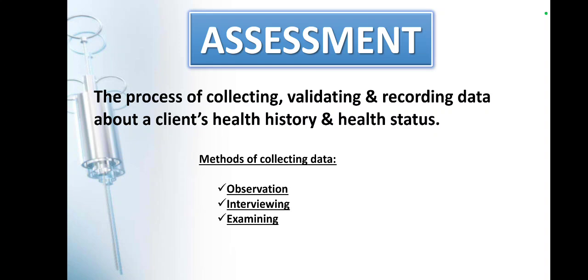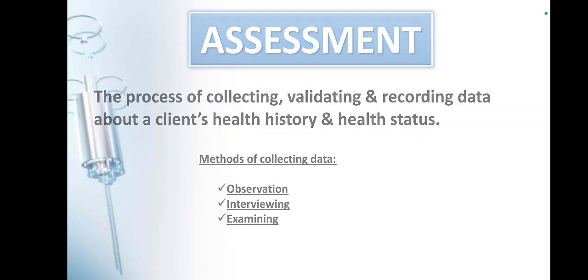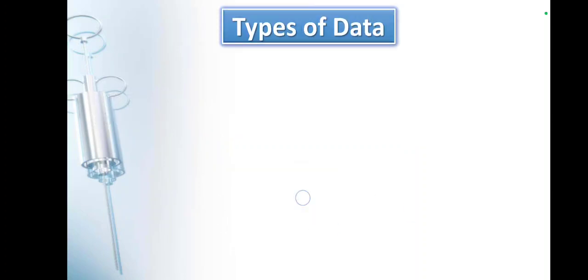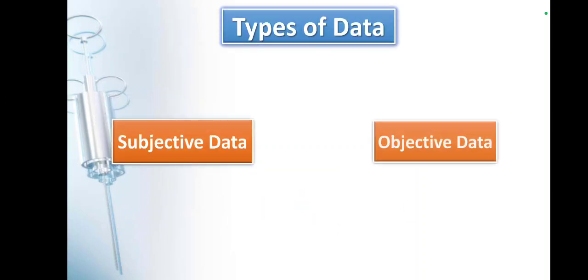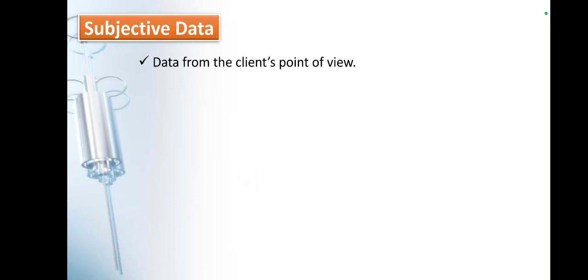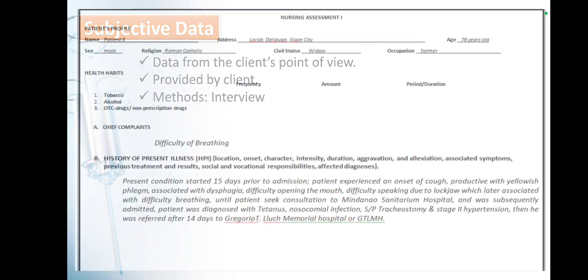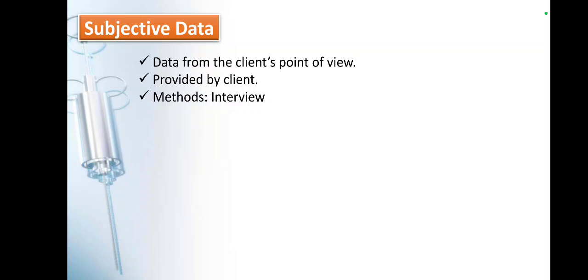During this phase of assessment, you can gather two types of data through the process of health assessment. We have the subjective data and the objective data. Subjective data, also known as covert data, are data from the client's point of view.